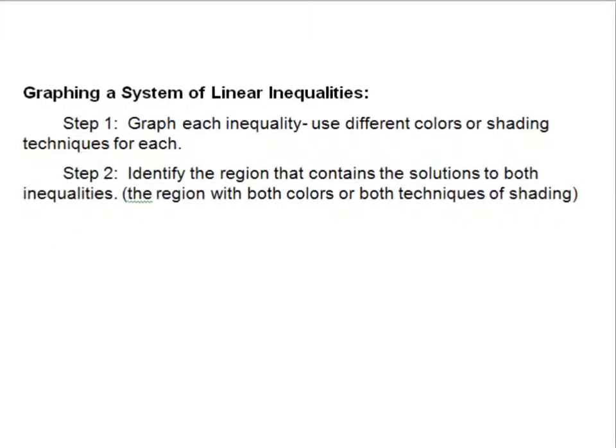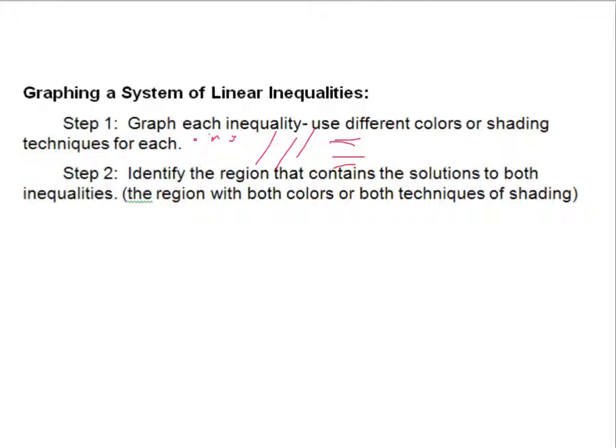Okay, so your two steps. Step 1 is to graph each inequality and use either different colors or different shading techniques, like dots for one region and stripes for another, or your stripes could go different ways, so that you know which is which.